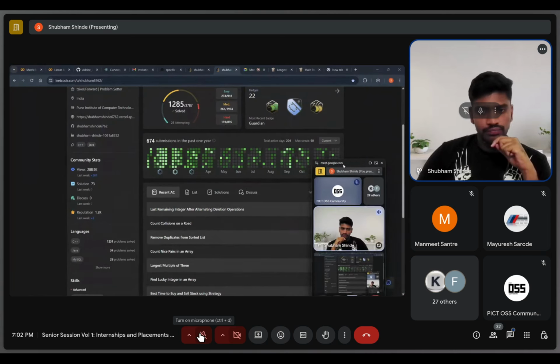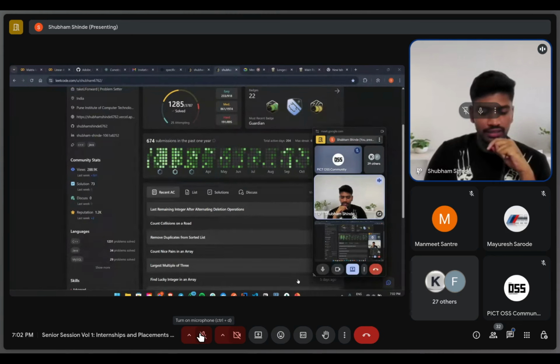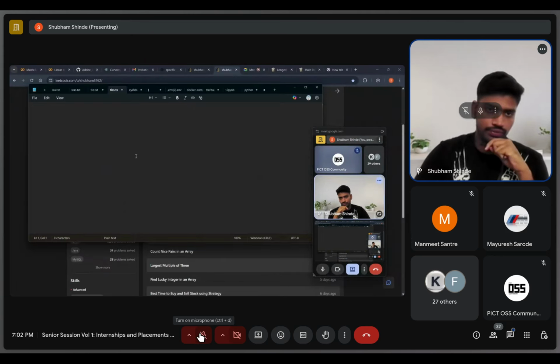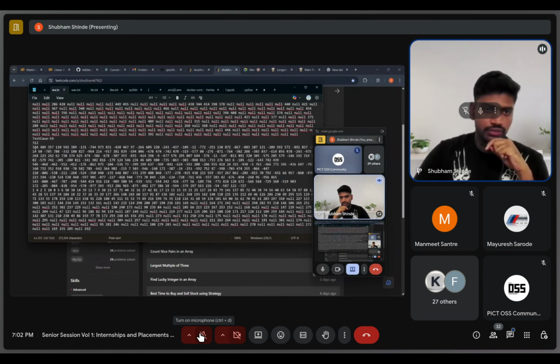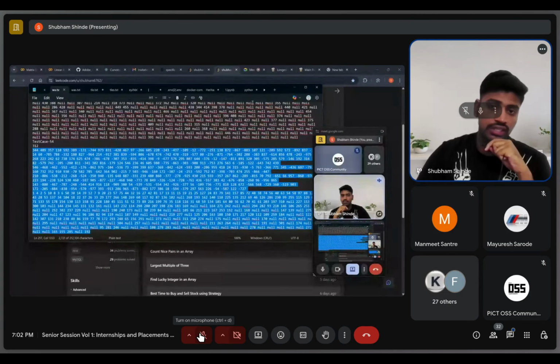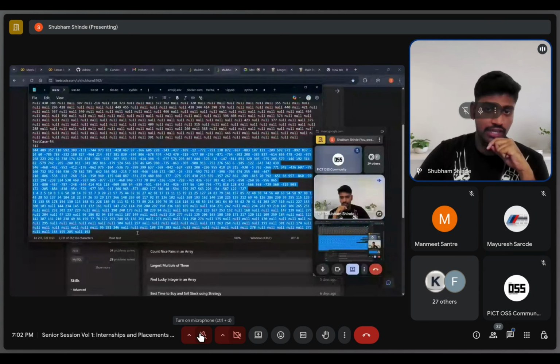But while converting, you will miss a lot of minor things, like if you have input with a lot of values on a single line, Java and other languages can take care of this type of input.